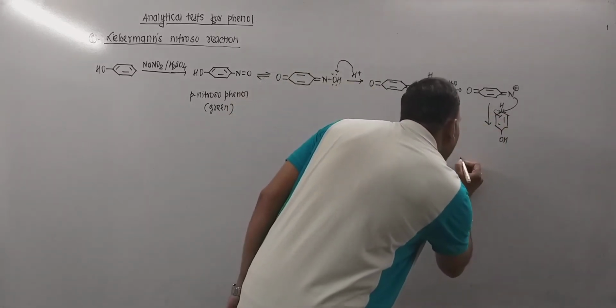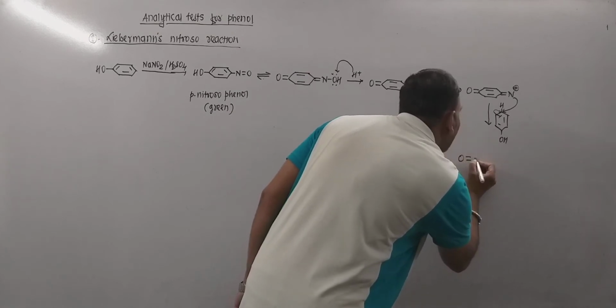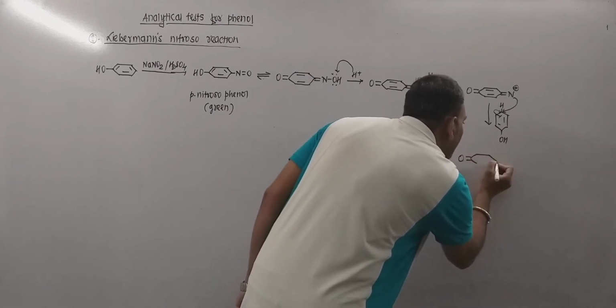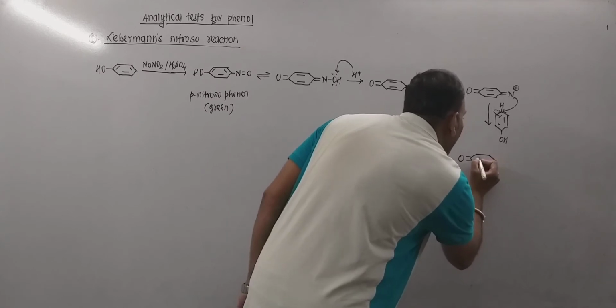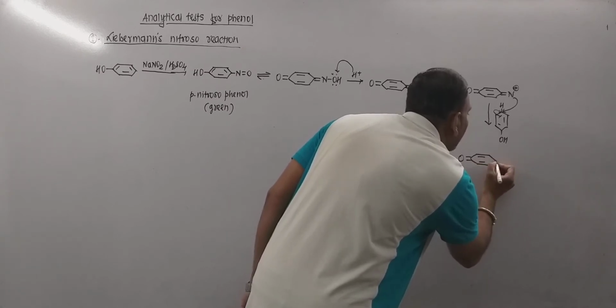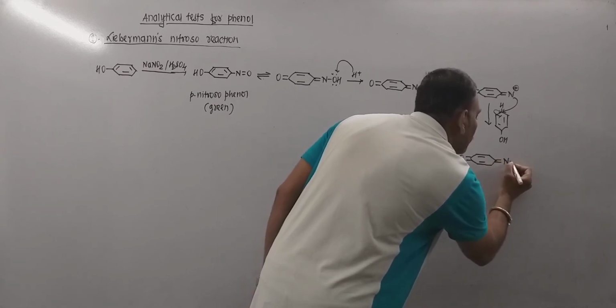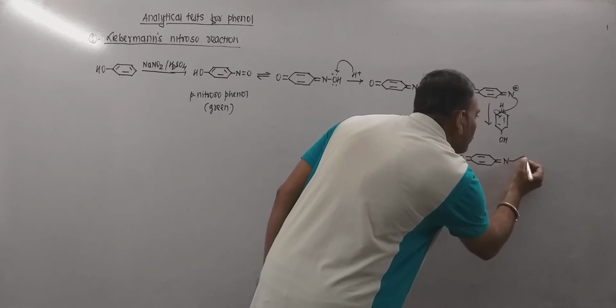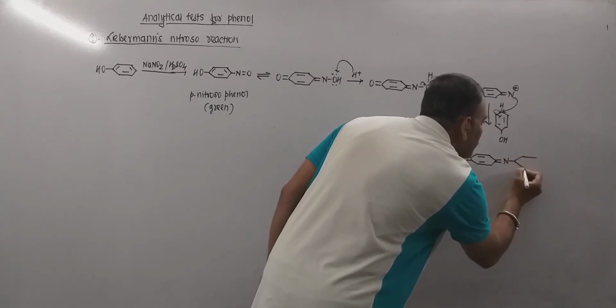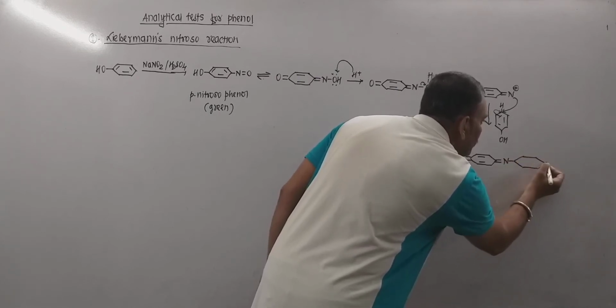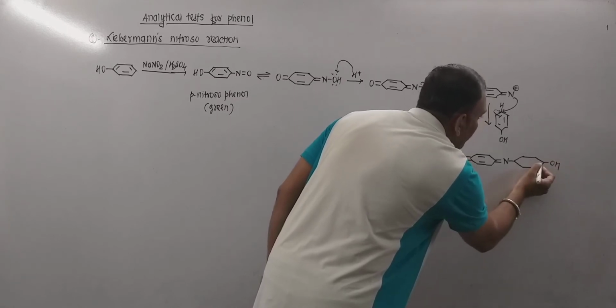And this leads to the formation of a species that can be given in this manner. So this is the species so obtained. Now remember, this is the phenol which ultimately gets attacked.